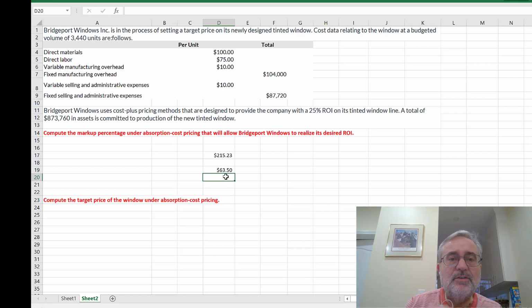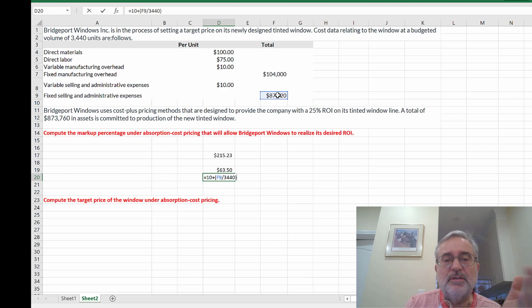We want to add to this our variable and fixed selling and administrative expenses. So where does this come from? Well, we have $10 in terms of variable selling and administrative, and then we have a total of $87,720 in terms of fixed. So this is simply adding the $10 plus the 87,720 divided by the number of units.